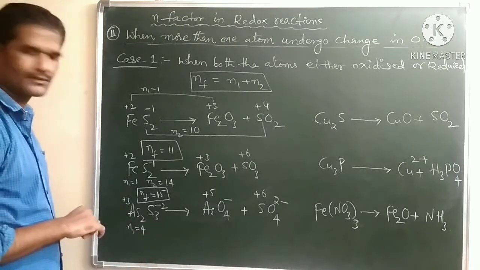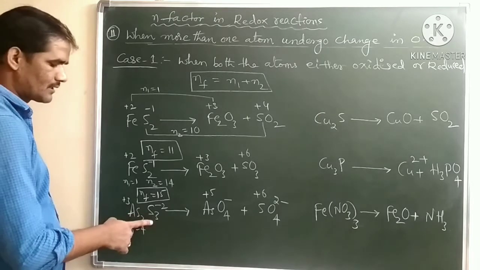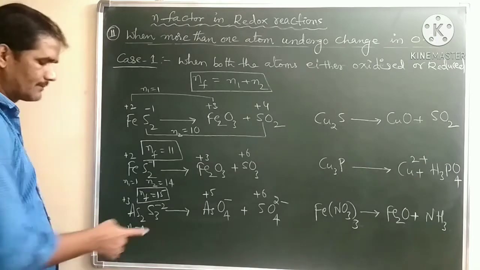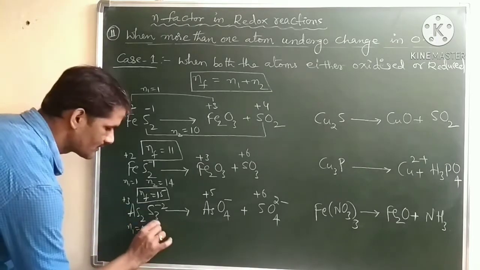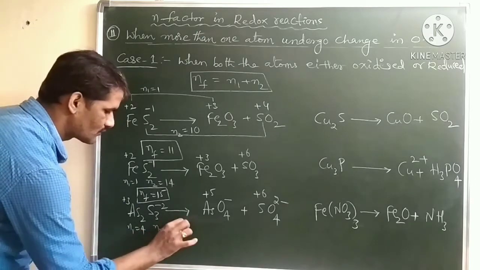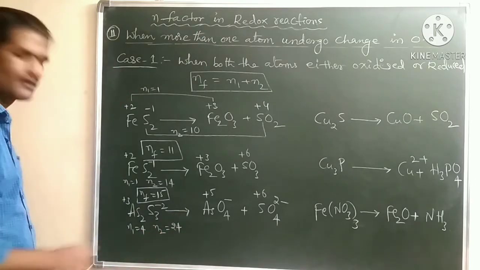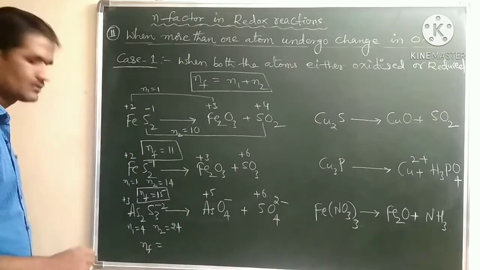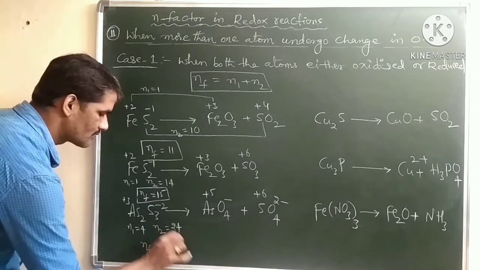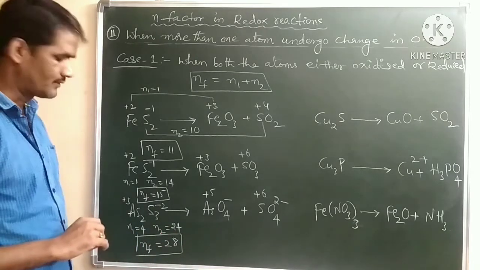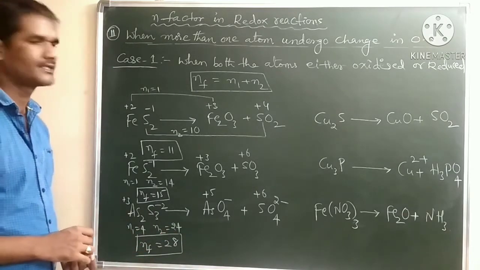For sulfide, -2 to +6, change is 8, but there are 3 sulfurs, so N2 is 3 into 8, 24. Now the resultant n factor N1 plus N2, 24 plus 4, that is 28. 28 n factor for As2S3.